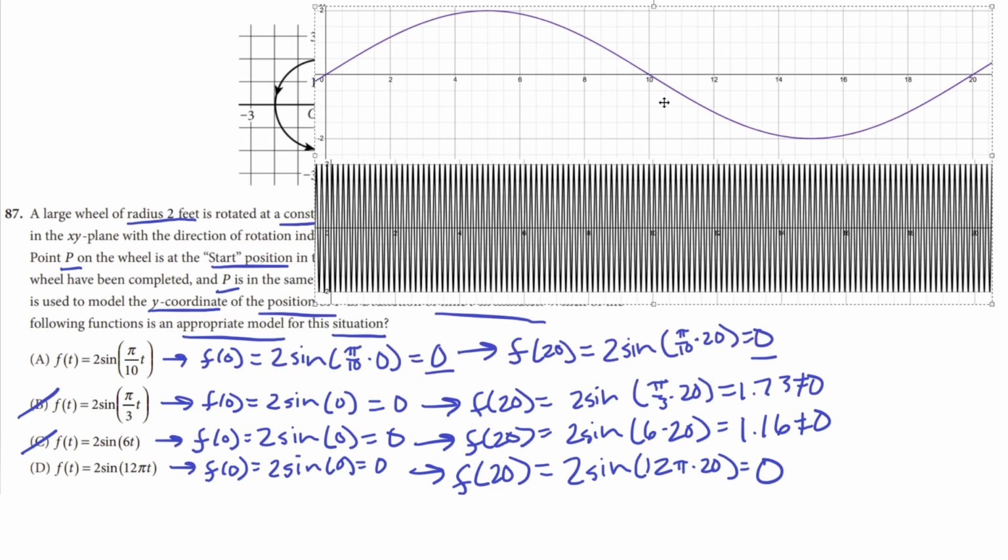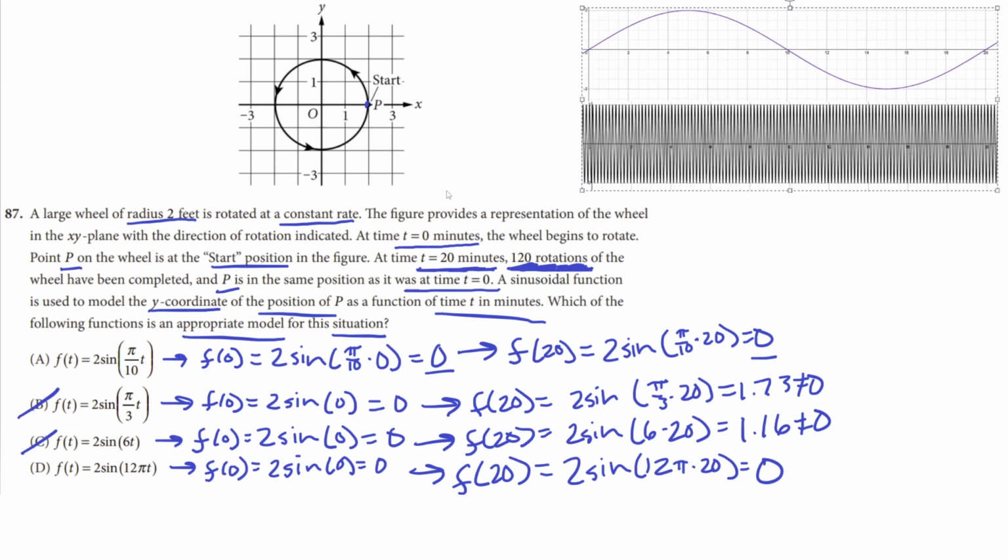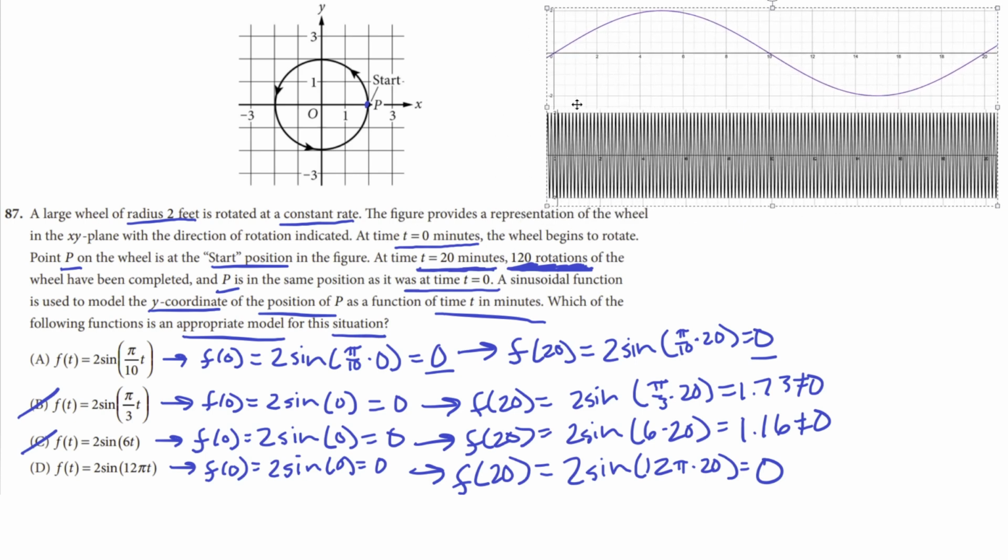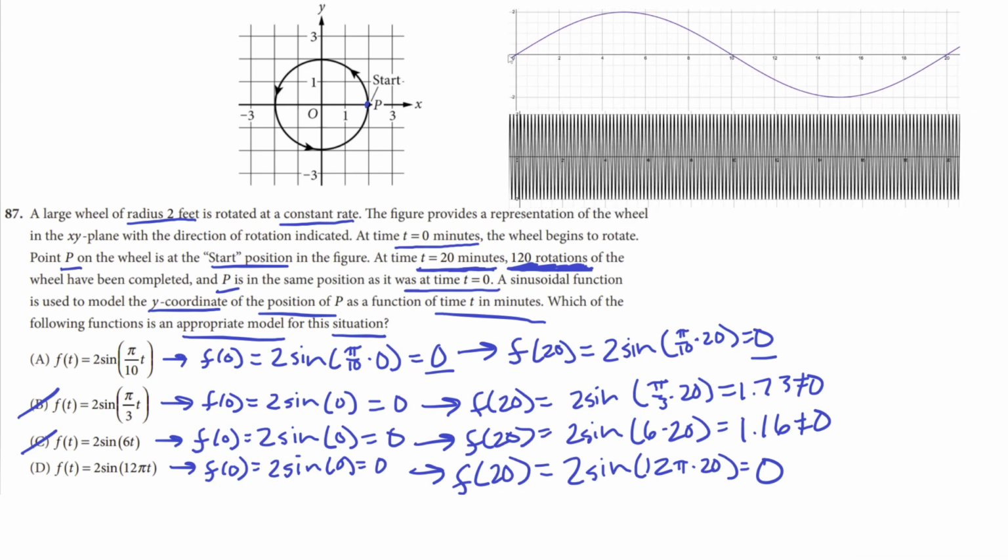So I've graphed both of these in a graphing calculator. The first function up here is the function from A, and the second one here, this giant mess, is D. In the first function, we see that when we go from 0 to 20, the graph only goes through one cycle. Whereas in the second graph for D, this is 0 here, it's hard to see, and then this is 20.